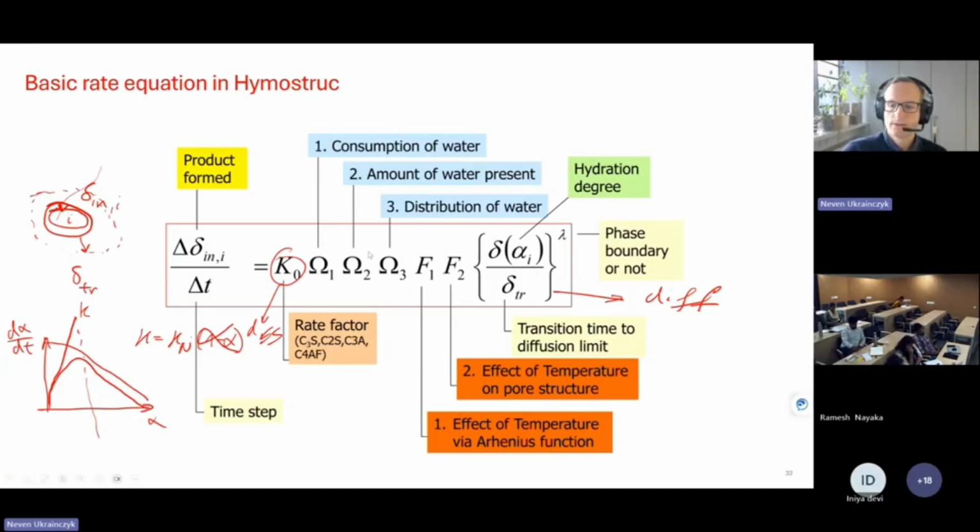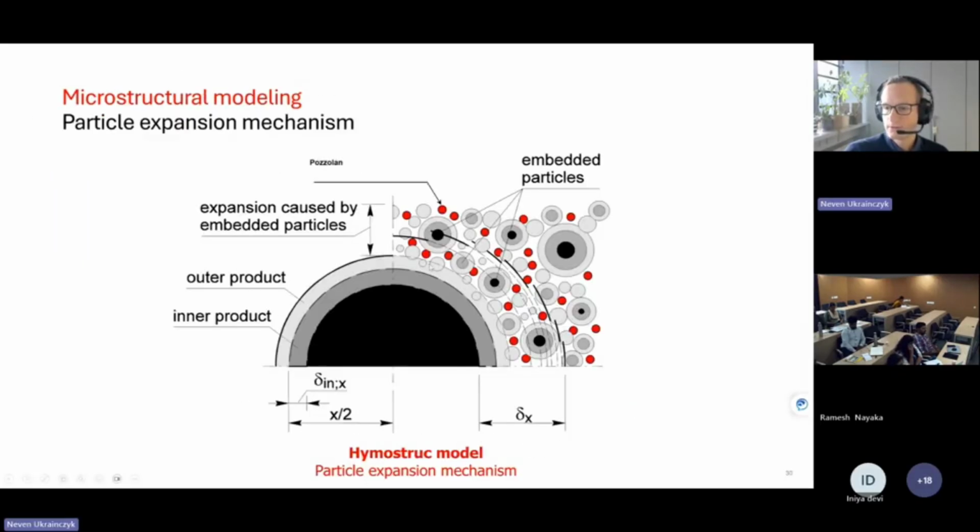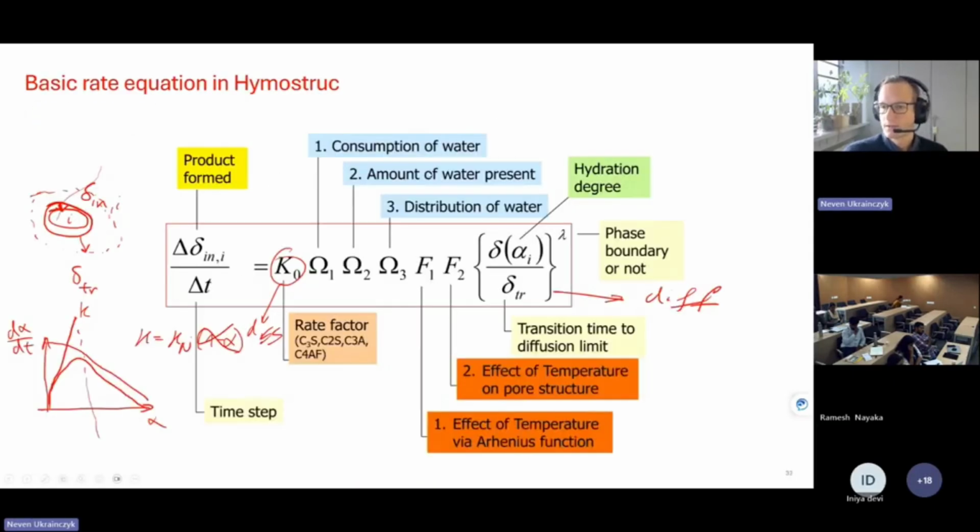So it's also a matter of where and how many particles are embedded in the bigger particles. So how many of these particles are embedded in the shell? They also consume water. This is why we have two times the amount of water. This is on the global level, and this is on the particle level: how much of the water is consumed by the other particles, the neighbor particles.